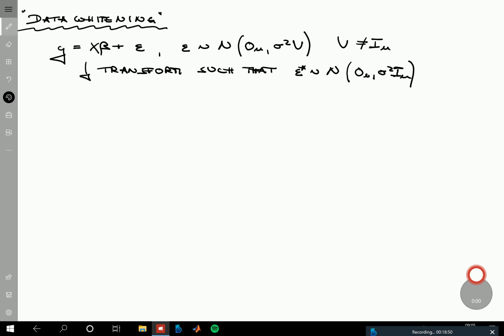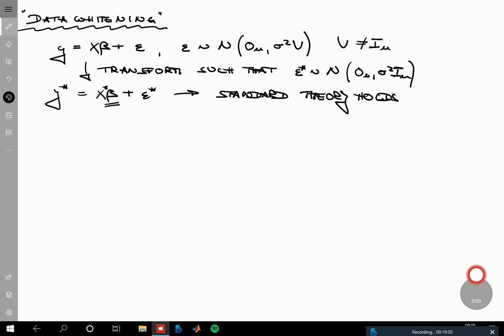So that for our transformed GLM, the standard GLM theory holds. And we can use T values in the T distribution to ask about the true but unknown beta parameter.